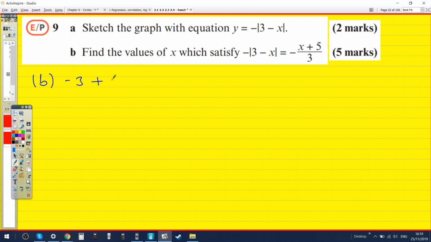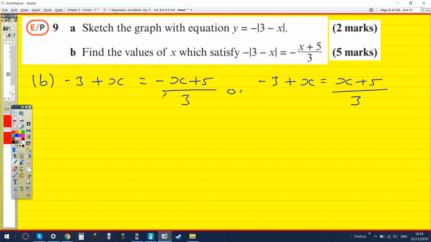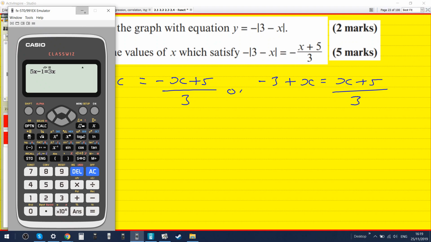Okay, minus 3 plus x is equal to the minus x plus 5 divided by 3. And then would the other equation be minus 3 plus x equals x plus 5 over 3? Yes. So I'll let you do the first one. I'll do the second one.